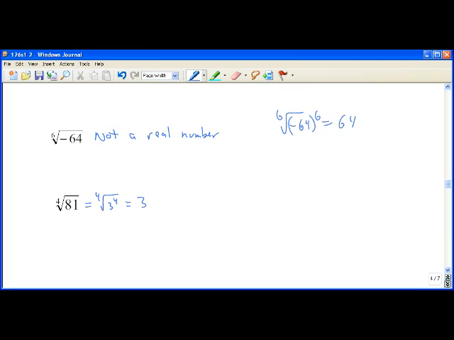It's going to be 3. So we could do this one because it was the fourth root of a positive number. We couldn't do the previous one because it was the sixth root of a negative number.